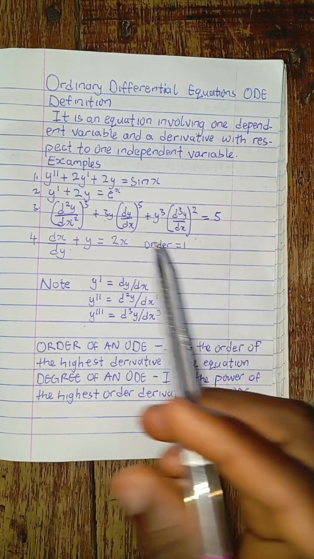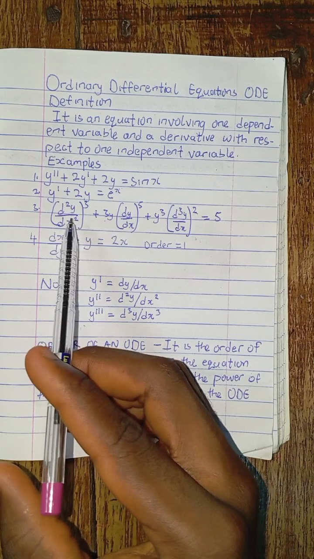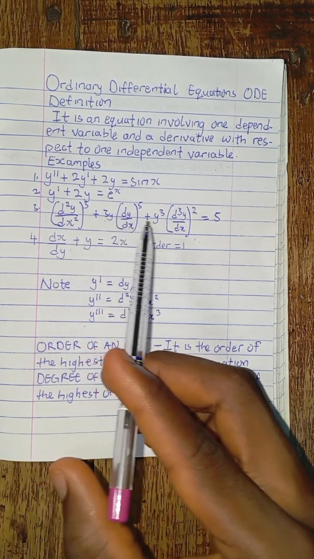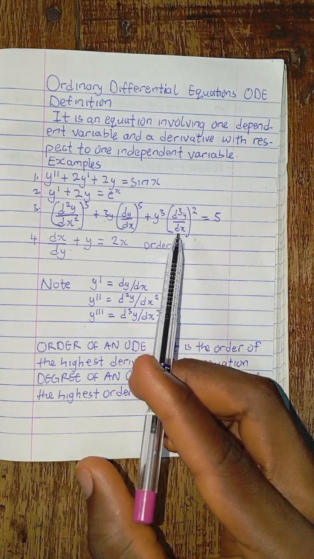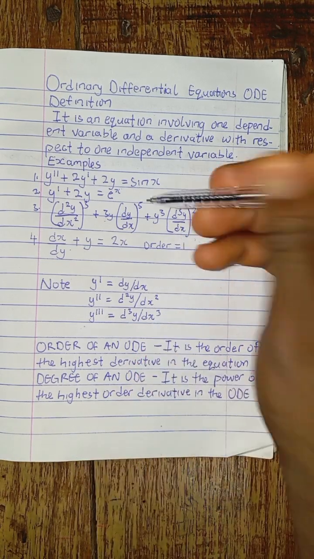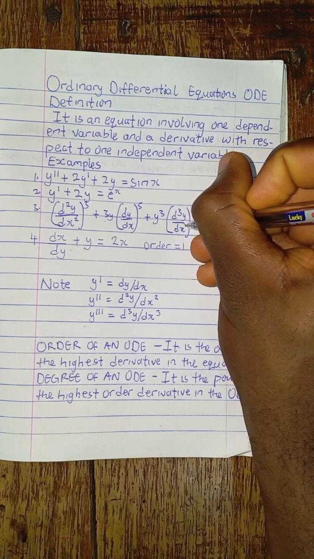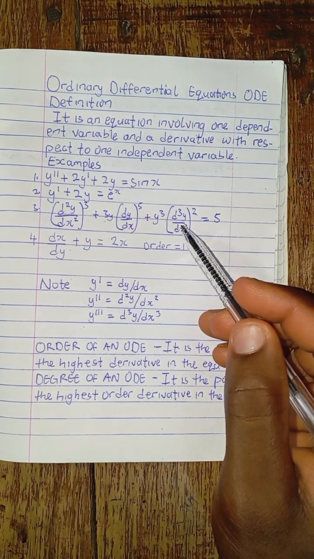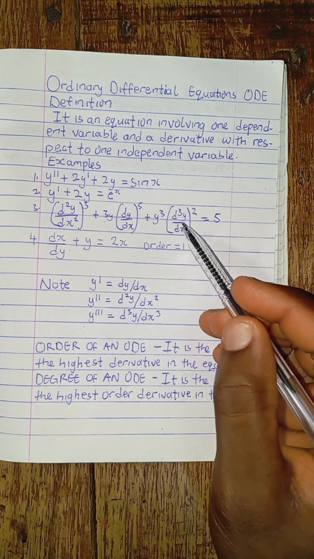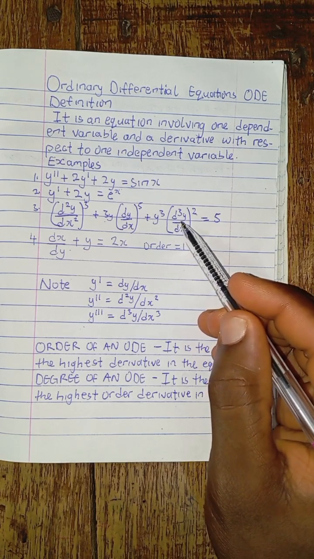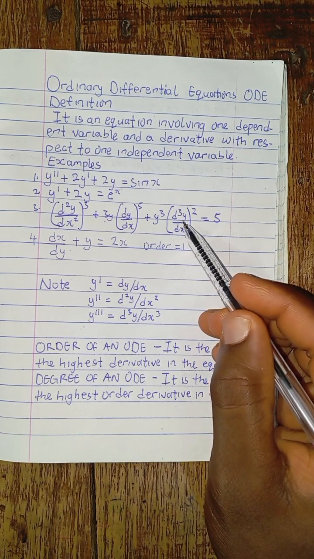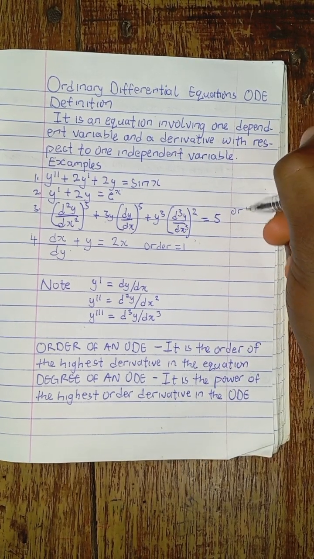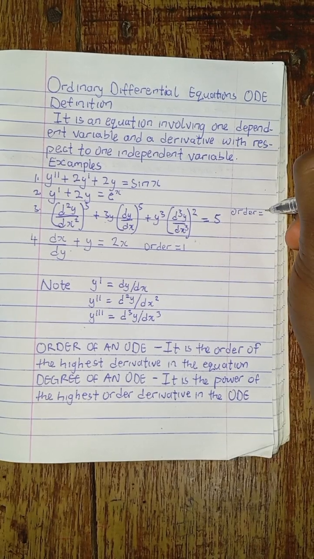We have d square y over dx square, which is the second derivative, dy over dx, the first derivative, and d cube y over dx cube, which is the third derivative. So 3 is higher than 2 and 1. So the order of this ordinary differential equation is 3.